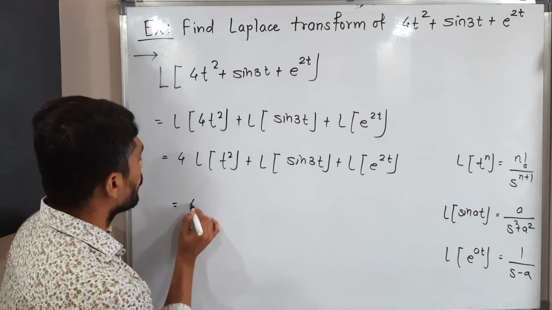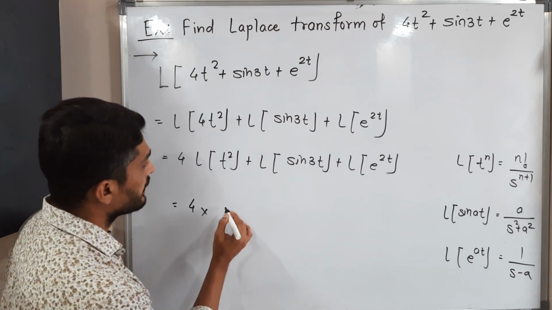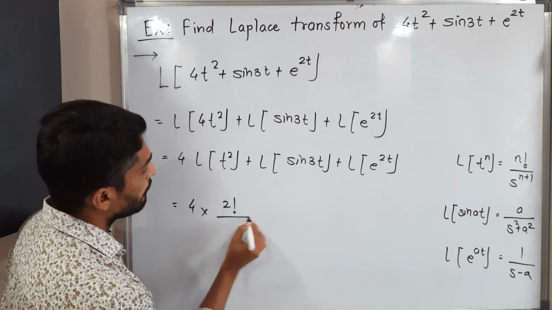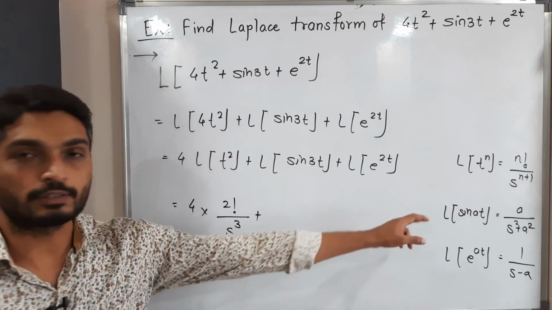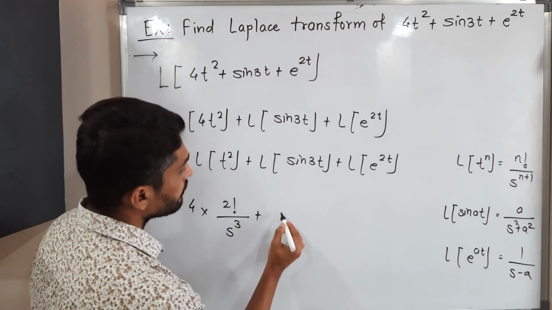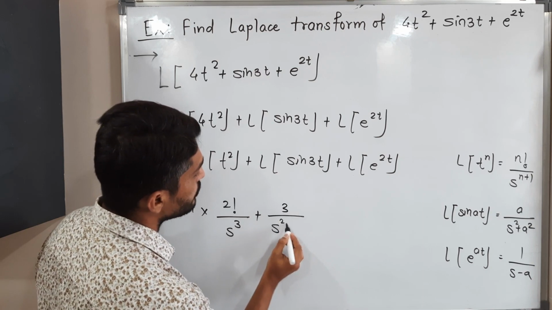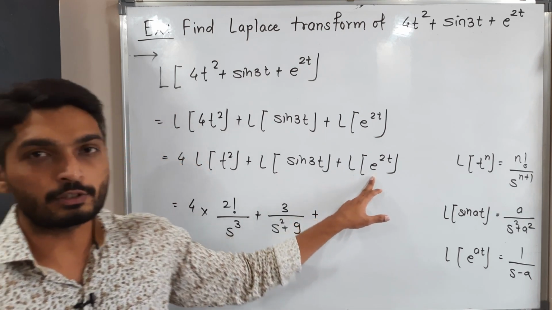This is equal to 4 Laplace of t square. Using that formula, what can we write? n is 2, so 2 factorial upon s raised to 2 plus 1, that is s cube, plus Laplace of sine 3t. The second formula we can use here, so a is equal to 3: 3 upon s square plus 3 square, which is 9, plus Laplace of e raised to 2t.